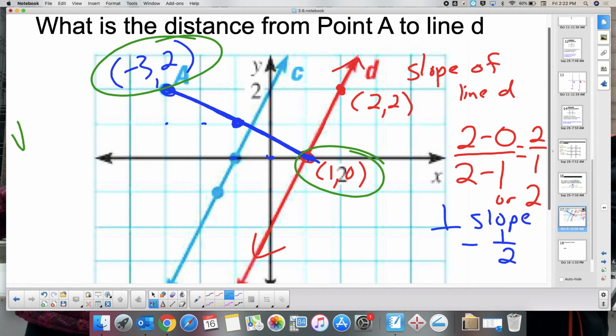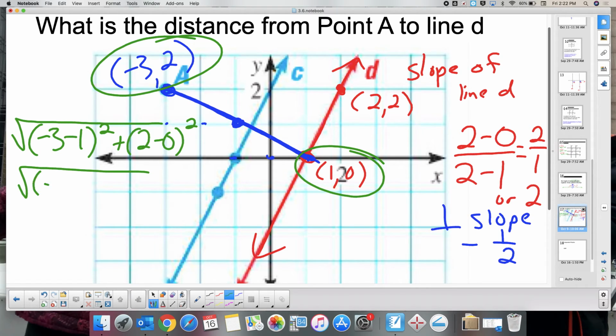As a reminder, we use that distance formula. The square root of, I do negative 3 minus 1 squared plus 2 minus 0 squared. Negative 3 minus 1 is negative 4. 2 minus 0 is 2. Negative 4 squared is 16. 2 squared is 4.